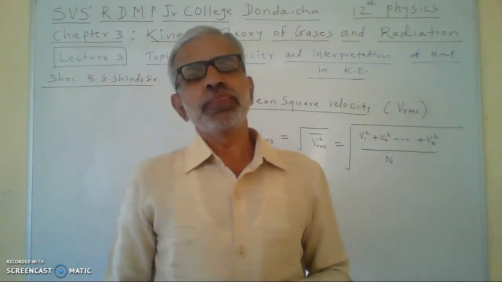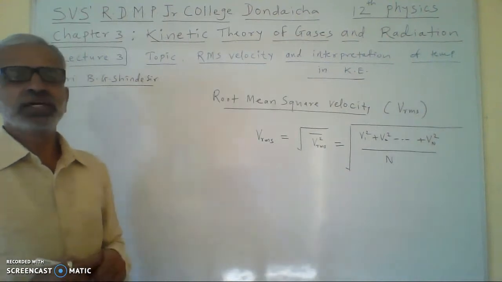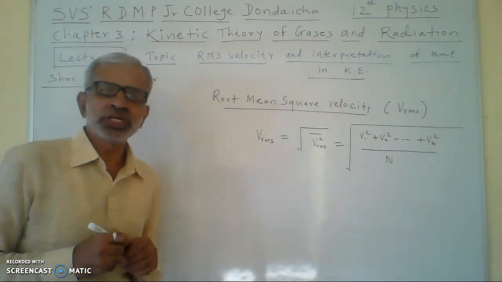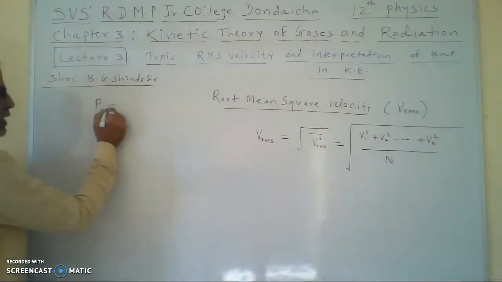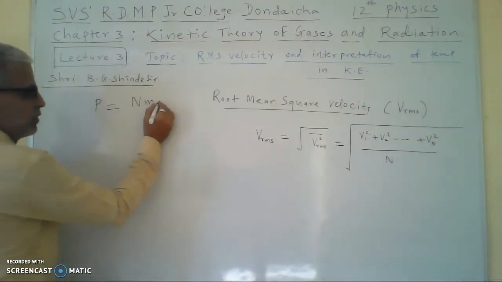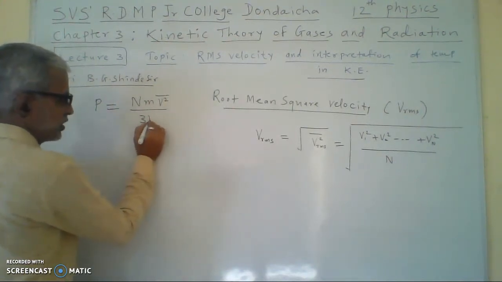Now we find the expression for RMS velocity. First we write the expression for pressure of the gas: P is equal to N m v square bar divided by 3V.